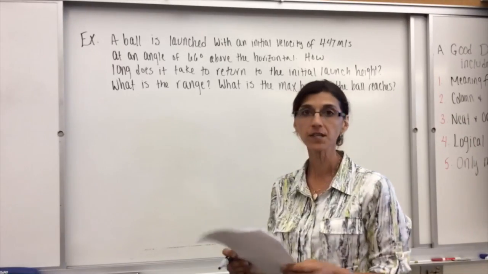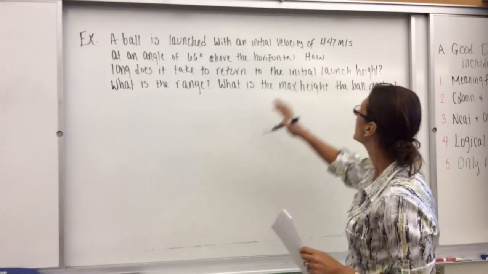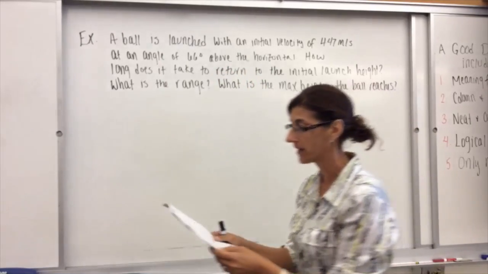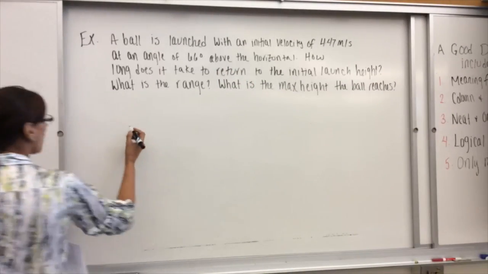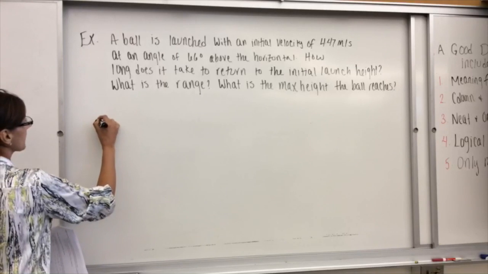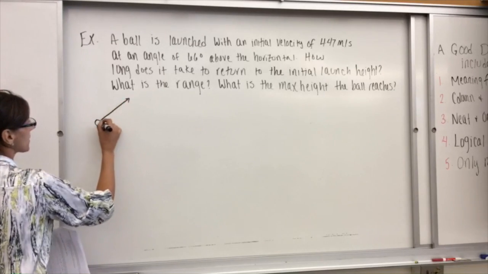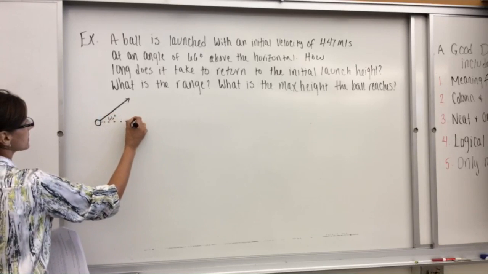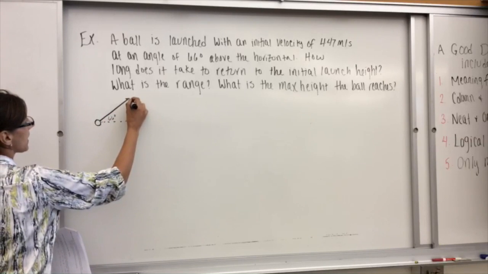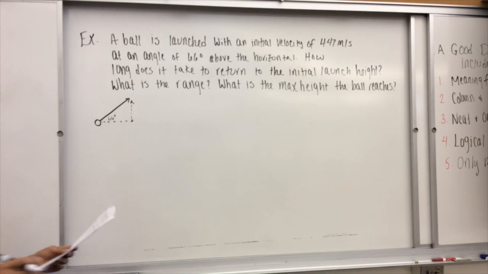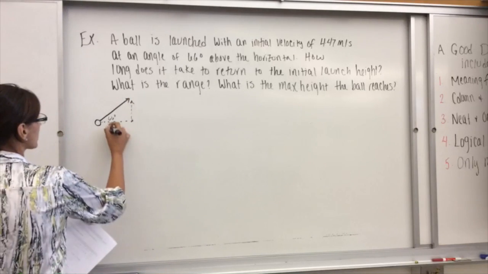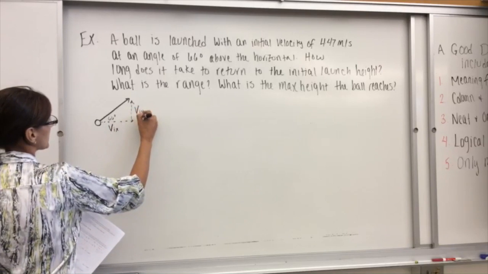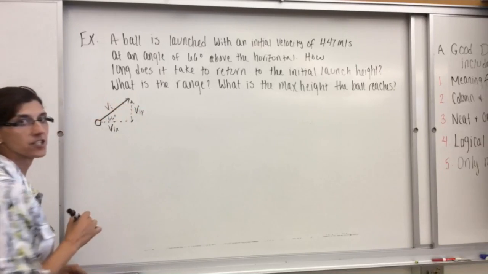So remember, the first thing we have to do is break up this angular vector into its x and y components. So here's your ball. It's going in this direction at an angle of 66 degrees, and I need to find the x and y components of this. So this will be my v initial x, and this will be my v initial y. This is my v initial.